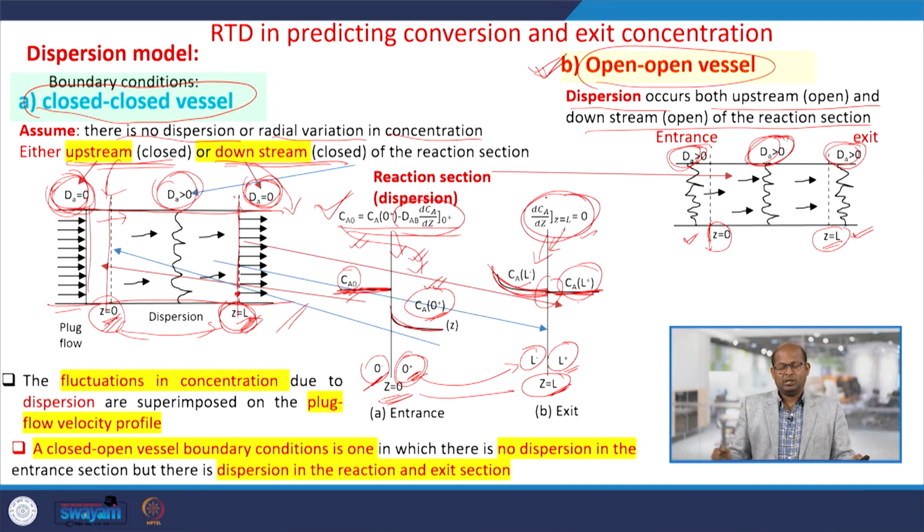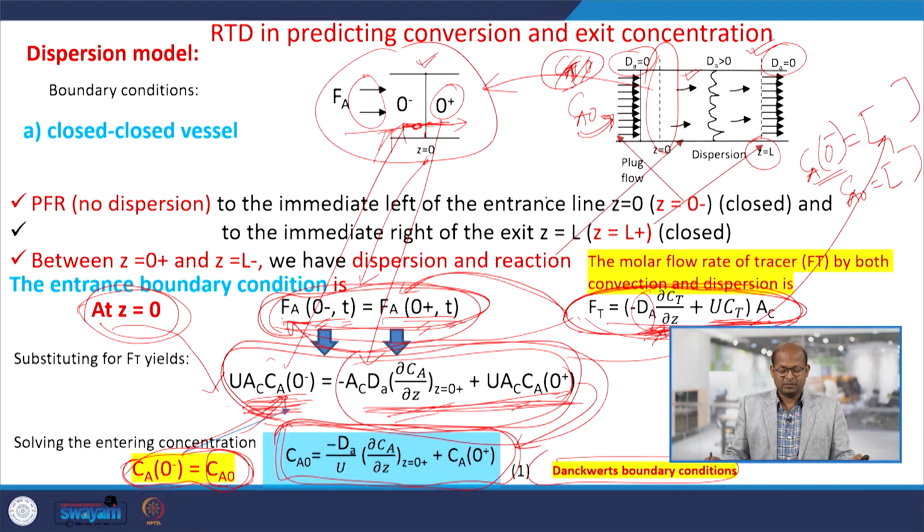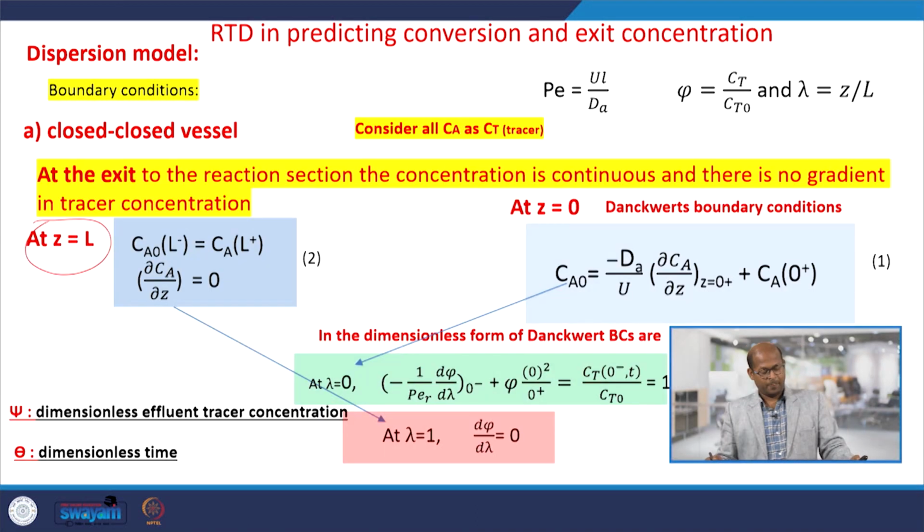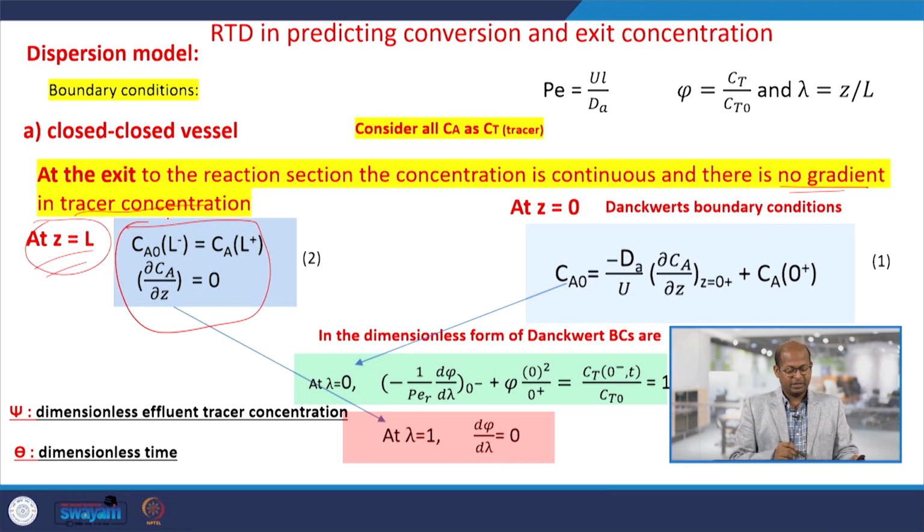So, the dimensionless concentration gradient equals 0, you can say. So, no concentration gradient is there for the tracer component, or you can write this in terms of component A, C_A L minus equals C_A L plus. Or you can say dC_A by dZ equals 0 at this particular point.